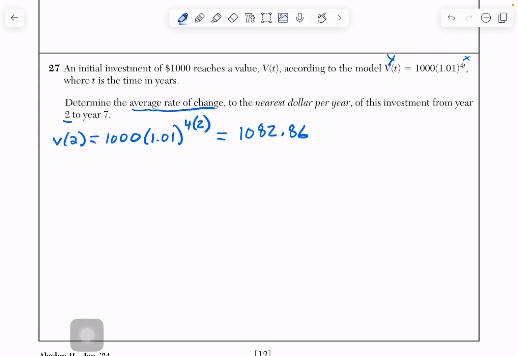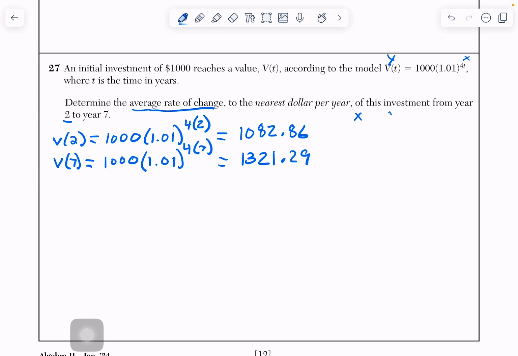Okay, it says to the nearest dollar, so I'm just going to keep 2 extra decimal places. V of 7 is equal to 1,000 times 1.01, 4 times 7, and you put that in, you get 1321.29.